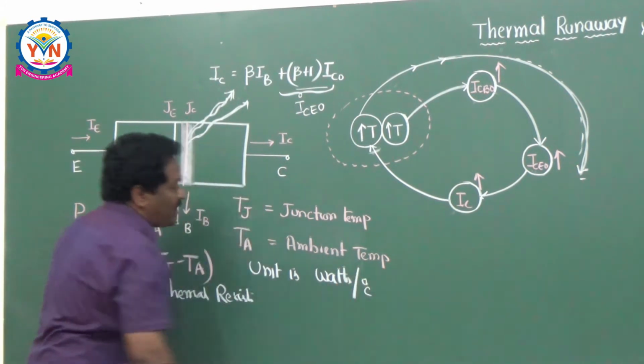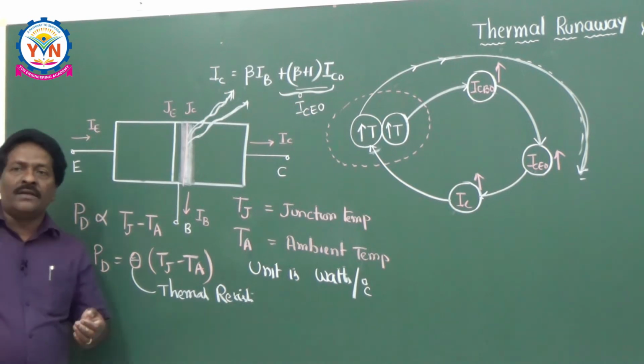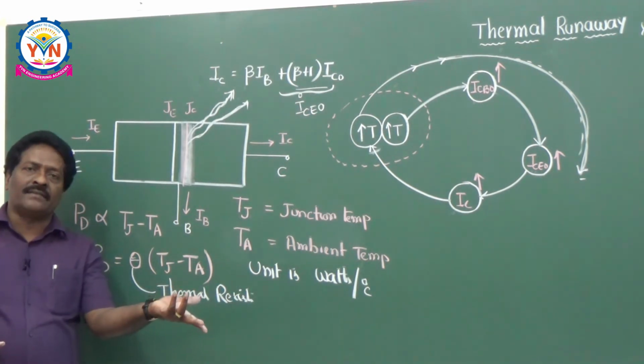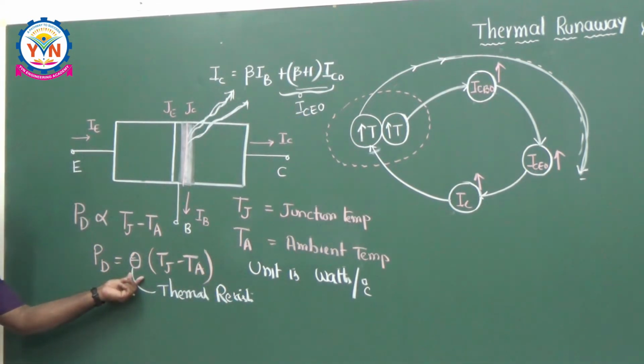Whatever resistance is offered to the thermal temperature is nothing but thermal resistance. In our electrical circuits, the resistance offered to the current flow is electrical resistance. But here it is opposing the temperature flow. It is called thermal resistance.